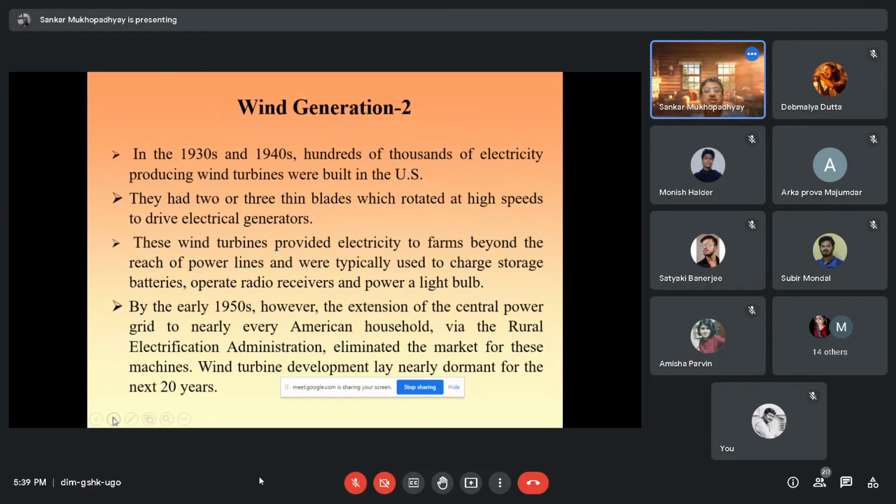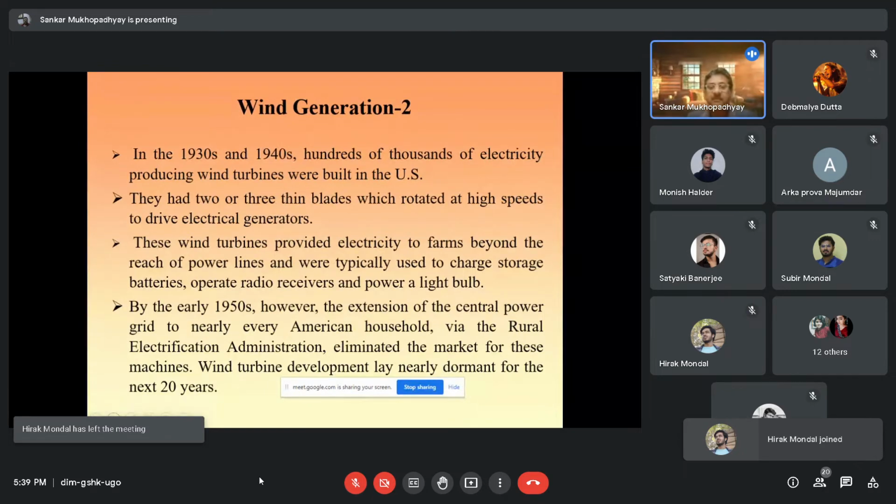They had two or three thin blades which rotated at high speed to drive electrical generators. These wind turbines provided electricity to farms beyond the reach of power lines and were typically used to charge storage batteries, operate radio receivers, and power a light bulb.